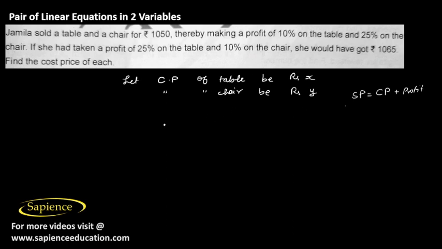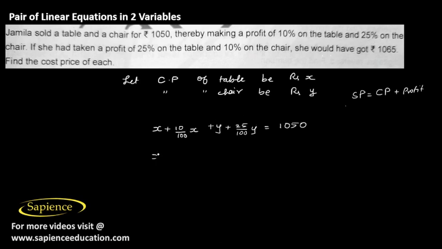The cost price we have assumed to be X, and she will also get some profit out of it, that's 10% of X. She's also selling the chair, the cost price of the chair is Y and she's getting a profit of 25% of Y, and this overall sale is giving her 1050 rupees. She sold the table and chair for 1050 by making a profit of 10% on the table and 25% on the chair.